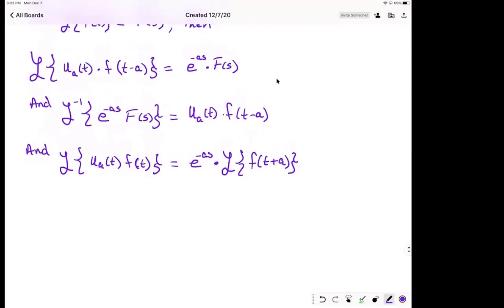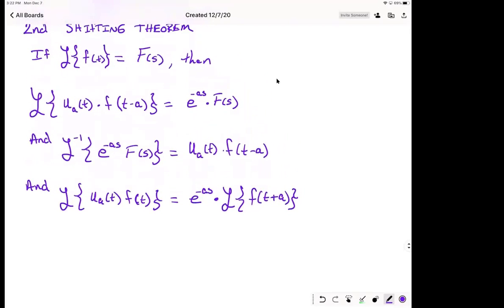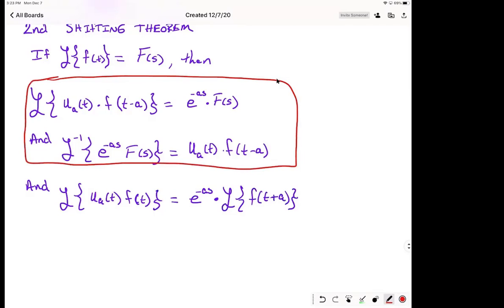Okay, so these are the three heavy hitters for the second shifting theorem. I can transform this Heaviside function times f of t minus a to e to the minus as times F of s.